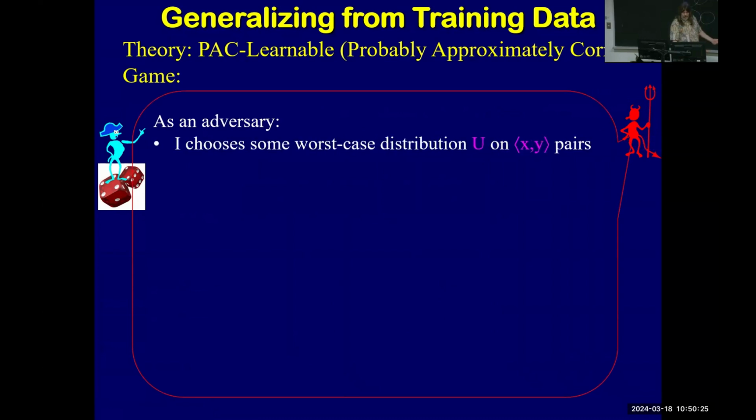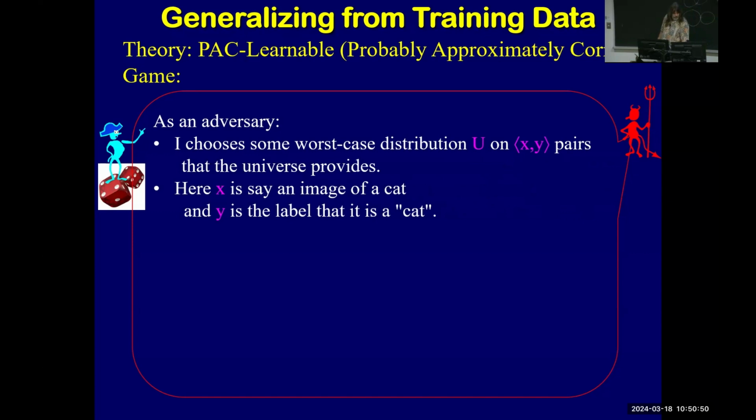All right. So what does the adversary do, right? In some ways, this is defining our universe. The adversary is going to define a probability distribution on training data. All right? So what does this mean if you don't know what a probability distribution is, right? An X could be an image of a cat, and the Y could be a label which says cat.